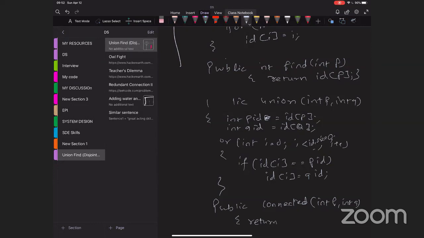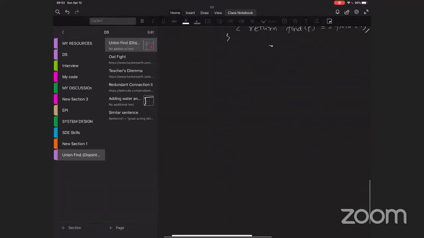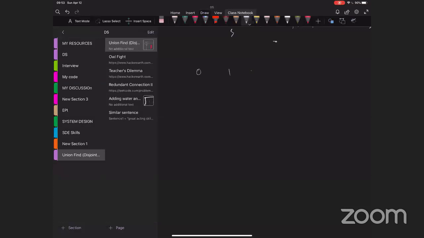Return if find P equals find Q. So this is very simple code, right? What we are doing is, initially, we have a Union Find data structure with 10 components.